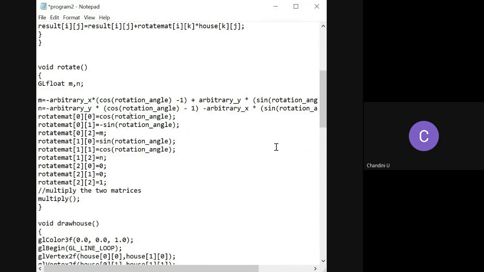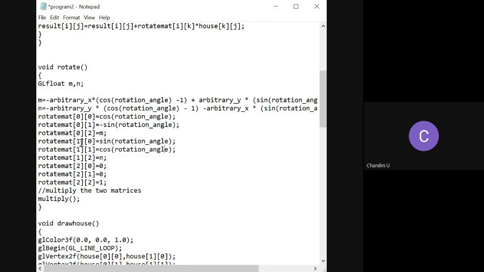Again, the next element in the first row is minus sin theta, that is 0th row, first column. Then the third element, that is 0th row and second column, is m. M is 0 here because there is no fixed point.